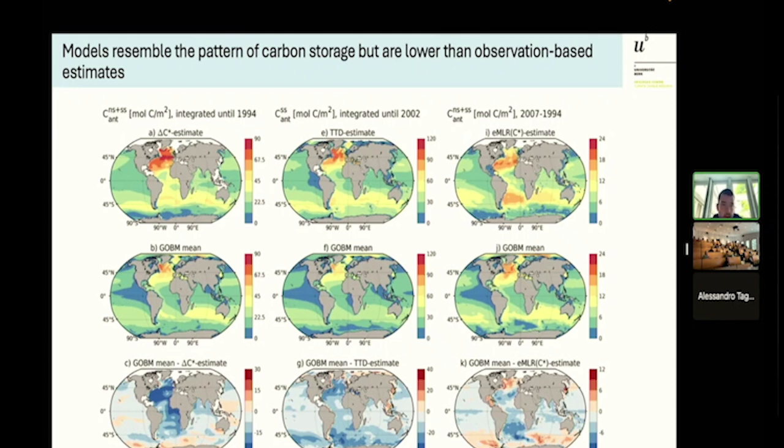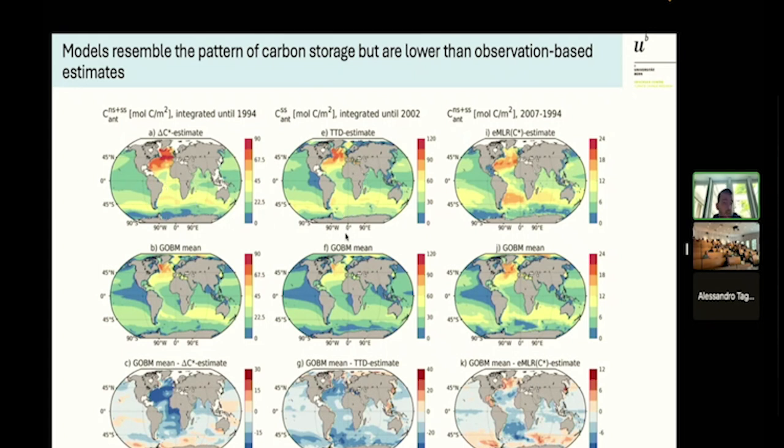But we also see that for almost the same time period, so pre-industrial until 1994 and pre-industrial until 2002, for this time scale the models overestimate the storage in the Southern Ocean, and for the other one they underestimate. And this is not really because of the 8 years of difference. This is due to the differences in these two observation-based estimates.